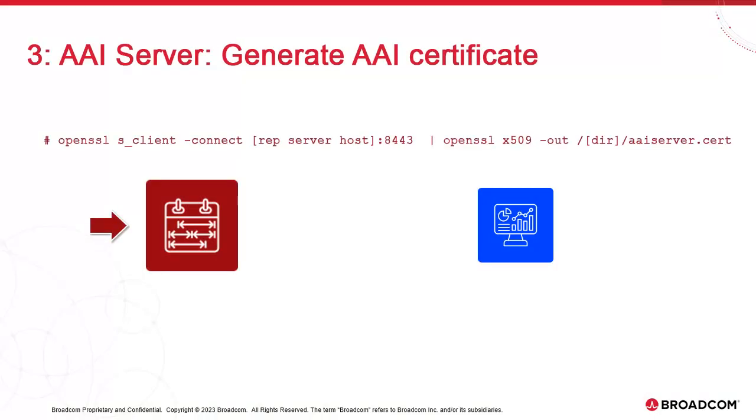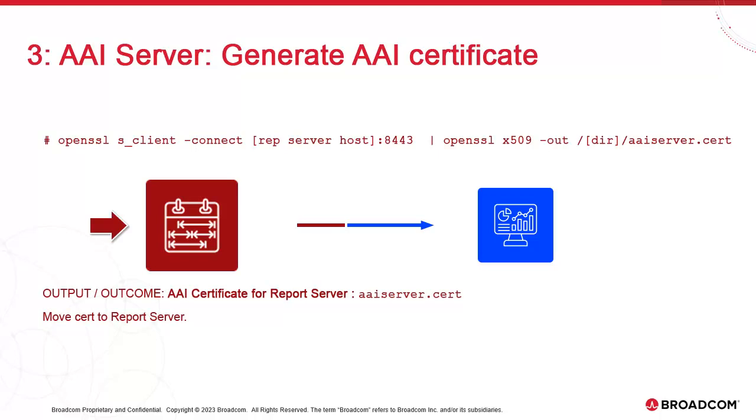Next, we use the OpenSSL command on the AAI server to generate a certificate intended for the report server so as to allow it to connect to AAI over TLS. We'll move the certificate to the report server host and import next.